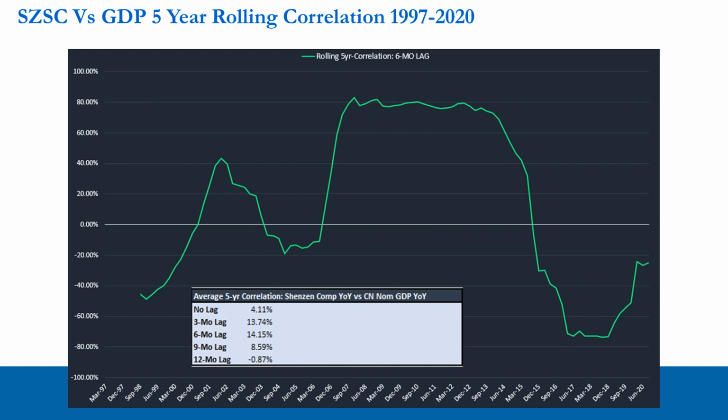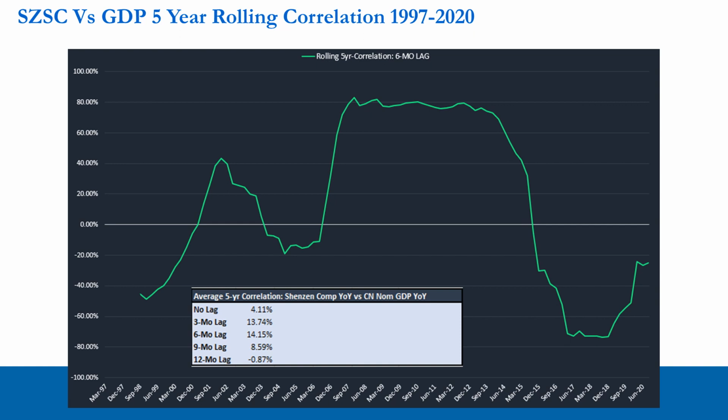Therefore, it's very unreliable. So we can say with a very high degree of confidence here that trying to trade the Shenzhen composite based on your future projection of Chinese GDP is a futile exercise.